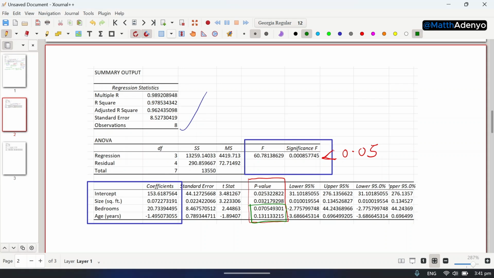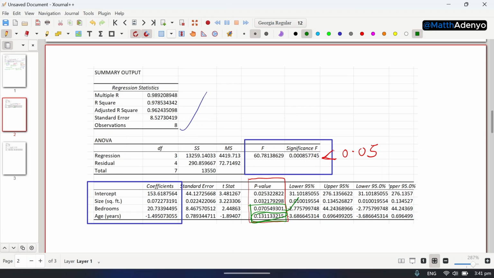But looking at the bedroom, though it's not less than 0.05, it is somewhere close, so it's contributing a bit. For the age, it's too big. When you use it to predict, it will still be okay and give us a good model, but we will also try to remove it.